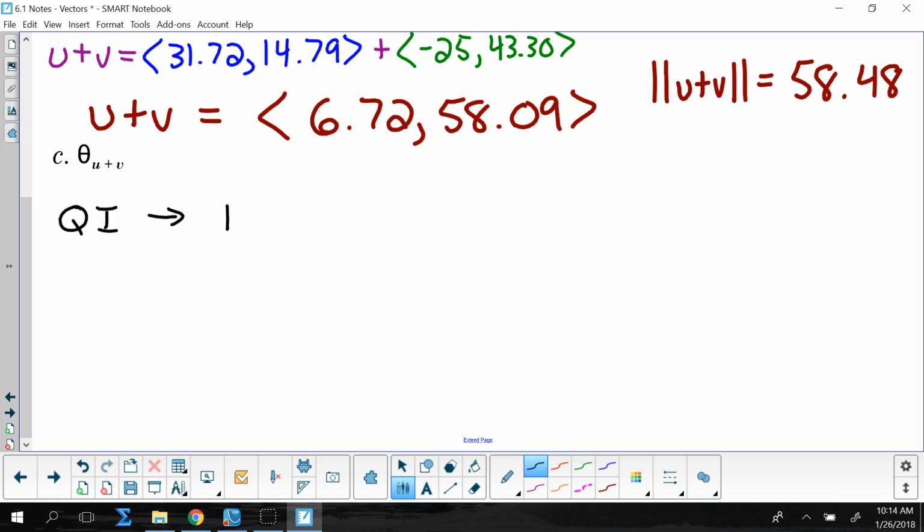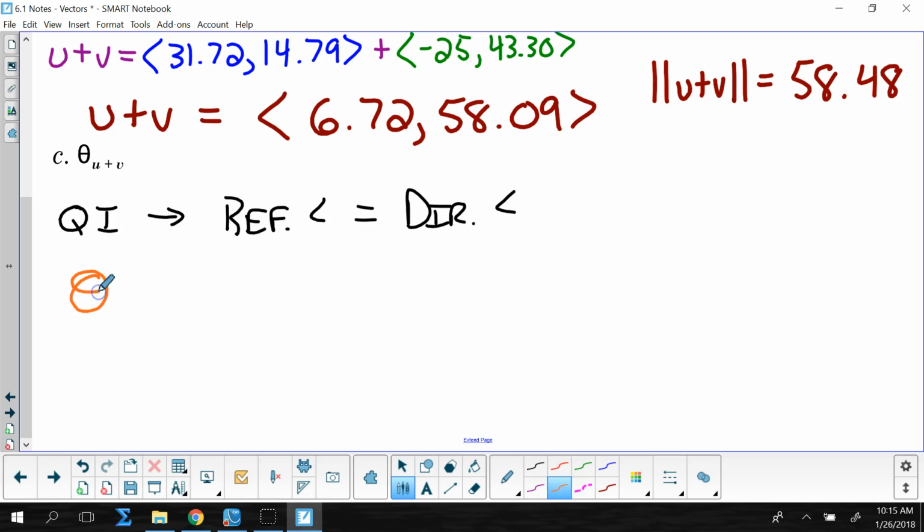Which tells me that my reference angle is equal to my direction angle. Right? If it was in quadrant 2, I would subtract my reference angle from 180. If it was in quadrant 3, I'd add 180 to my reference angle. If it was in quadrant 4, I'd subtract my reference angle from 360. But in quadrant 1, they are one and the same.